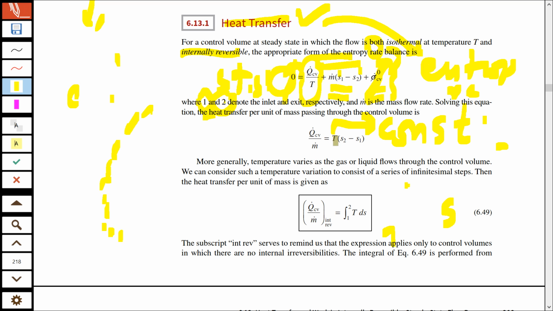But if that temperature is not constant, if between inlet 1 and exit 2 the temperature varies, so that T is a variable, then you have to replace this simple formula by an integral. This should not be rocket science for you. This is very similar to this case.